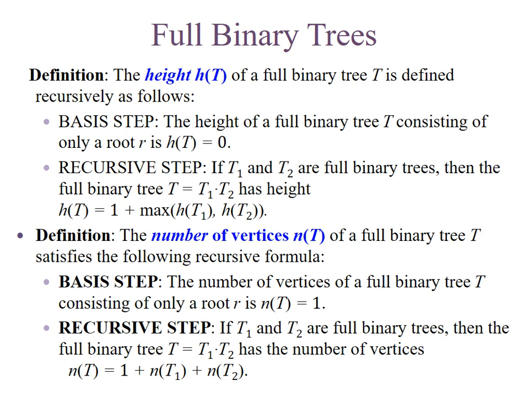If we consider this tree is T1 and this tree is T2, what is the height of this tree? We need to choose the max from the height of T1 and the height of T2. So we know the height of T1 is 0 because we only have one single root for T1. And then for T2, what's the height of this one? So we know we have the root here, and we have only one.